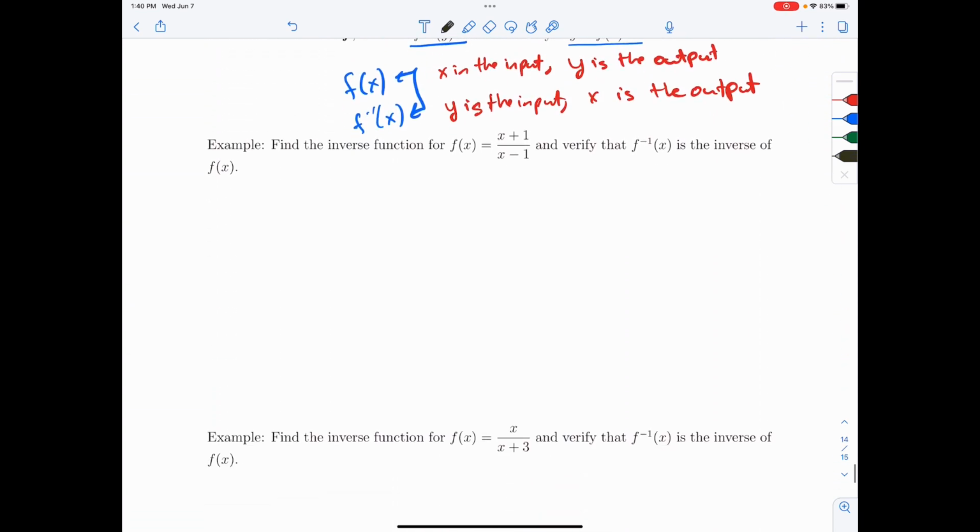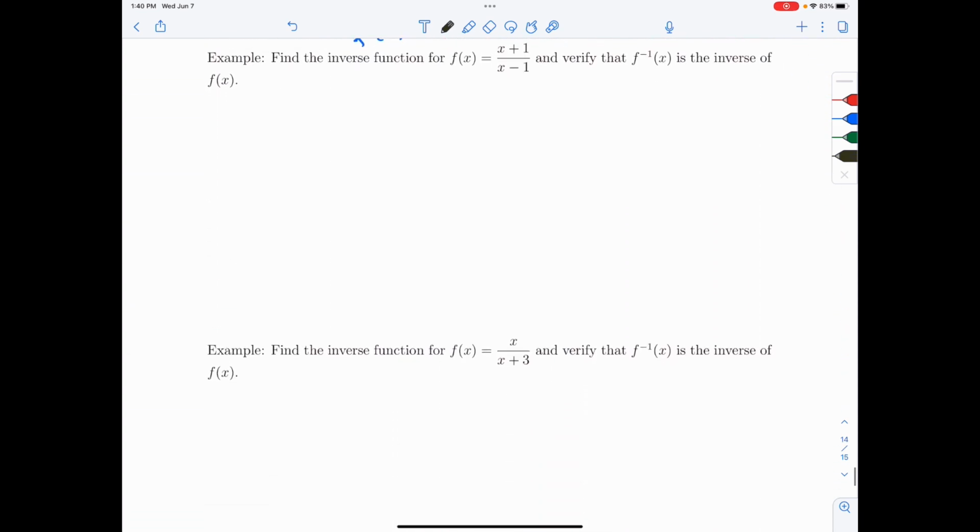Okay, so let's go down to these two examples. Find the inverse function for f of x equals x plus 1 over x minus 1 and verify that it's the inverse of the original function. First let's find the inverse. In order to find the inverse, we'll follow these steps.